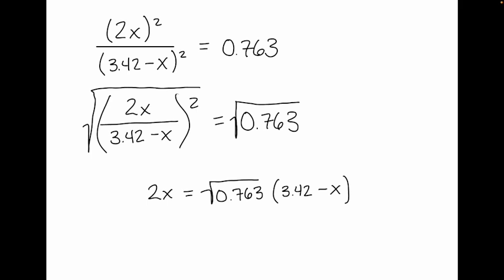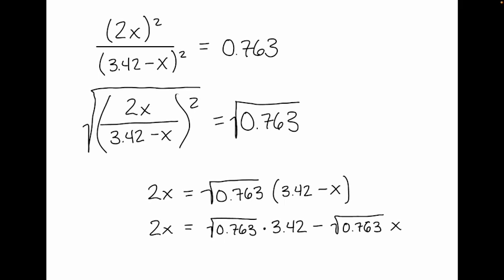So I'm going to distribute that square root of 0.763 inside those parentheses: square root of 0.763 times 3.42 minus the square root of 0.763x equals 2x. I got to get rid of those parentheses, so I'm going to distribute that value inside of those parentheses.